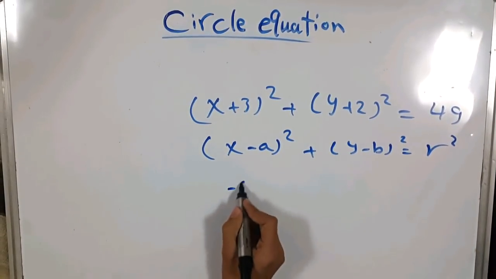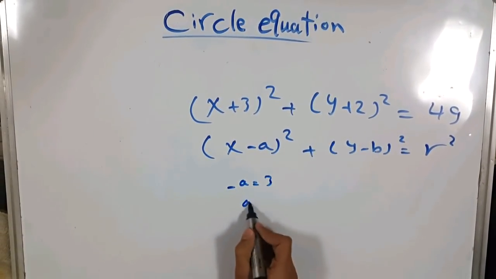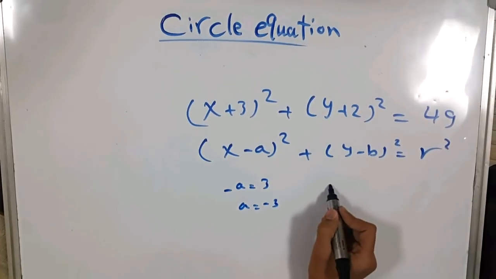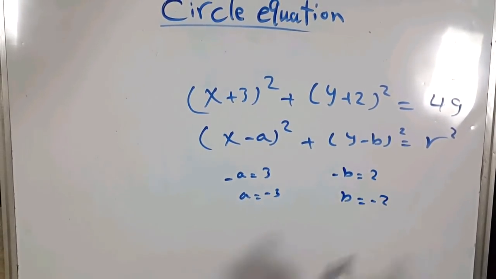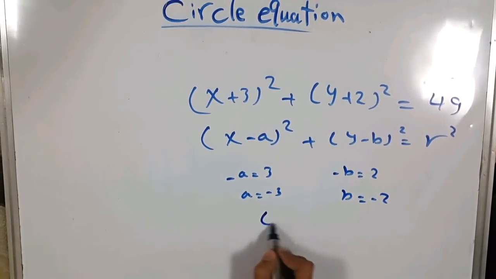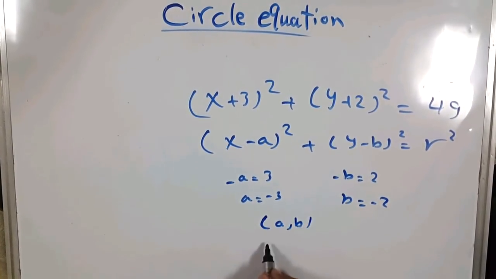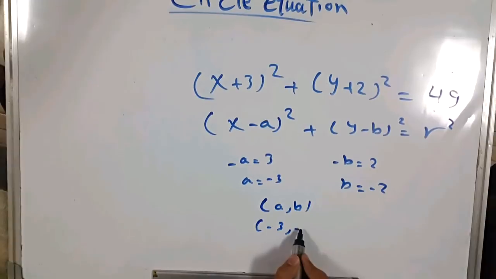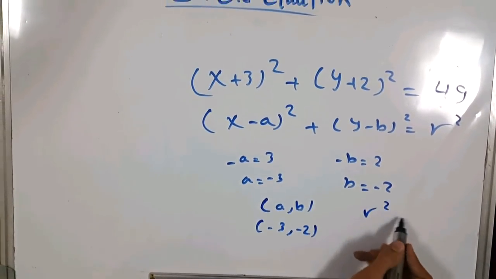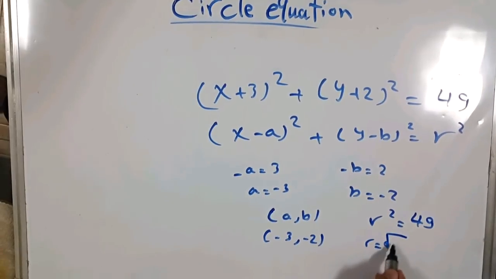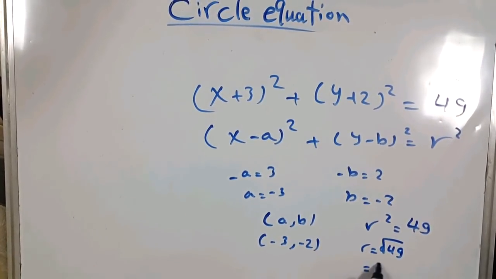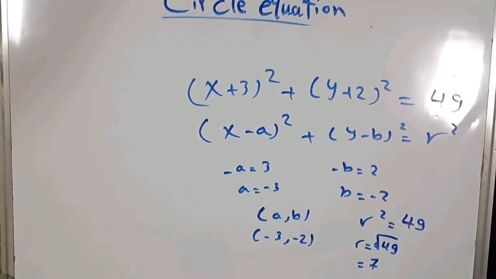So here we have negative a equals 3, so a equals negative 3, and here negative b equals 2, so b equals negative 2. And the center equals (a, b), so it equals (negative 3, negative 2). Radius squared equals 49, so the radius equals root 49, which equals 7 length units.